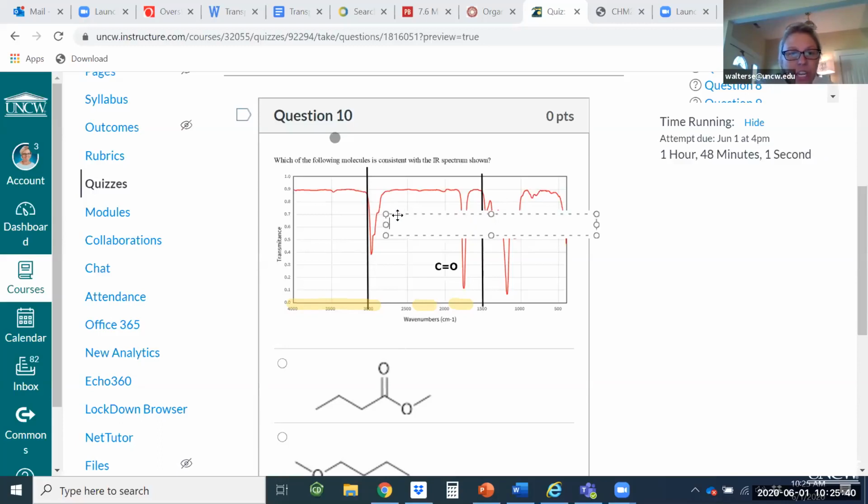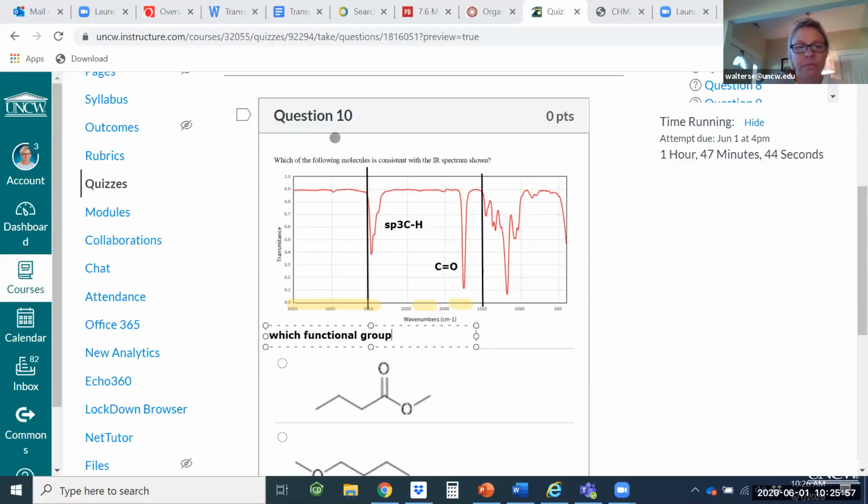And then these over here are sp3 carbons to hydrogens. Okay. Then what you need to consider is, let me write it over here, which functional groups contain carbonyls. Carbonyl is carbon double bonded to oxygen. So that's what you're getting down to.